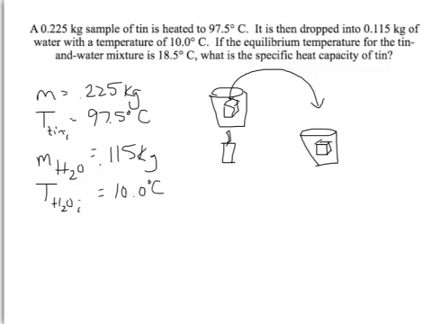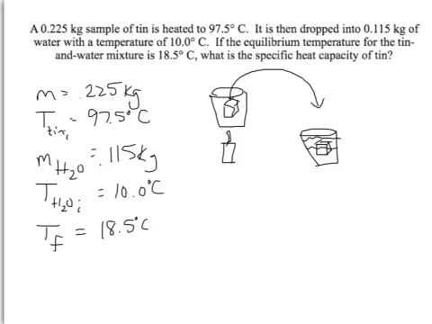Okay, and so heat leaves the hot tin to the cold water, and it reaches a final or equilibrium temperature of both objects of 18.5 degrees Celsius.